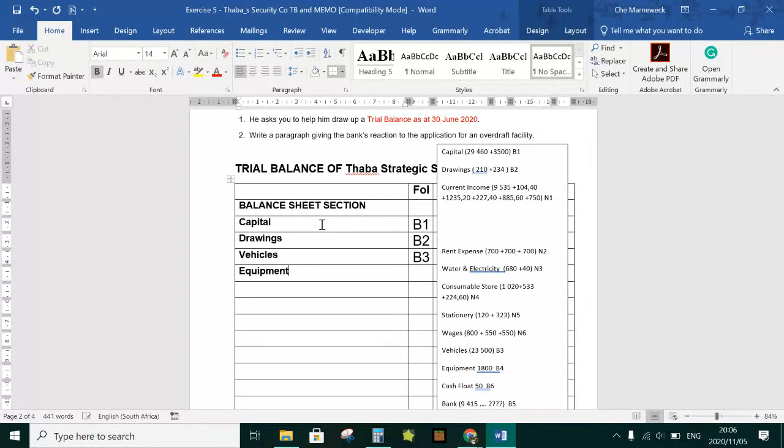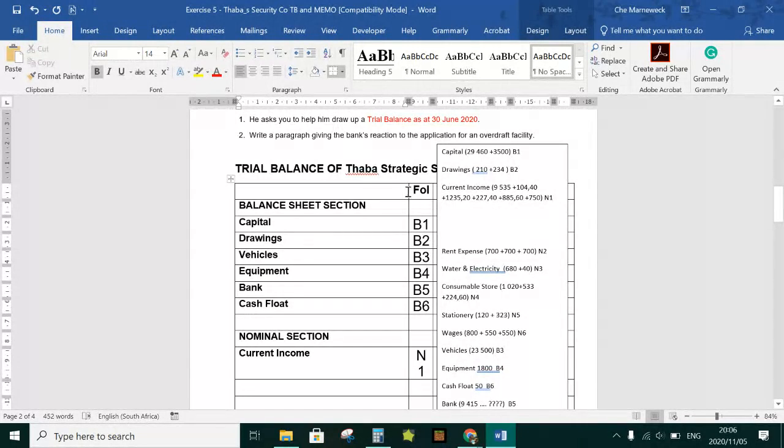Equipment is B4. Bank, B5. And cash float, B6. Then we have the nominal section. We have current income, N1.